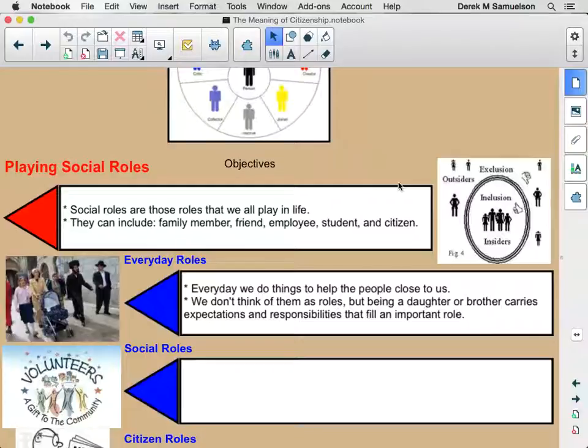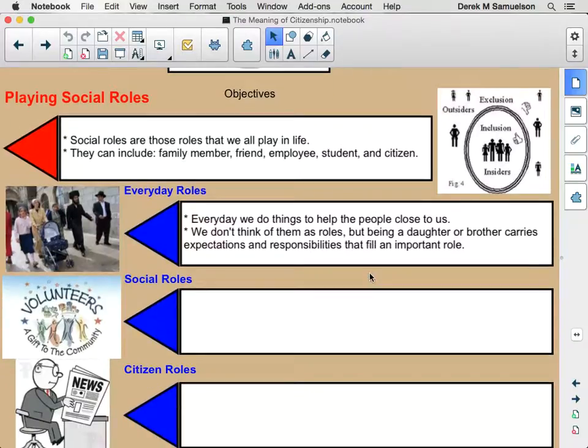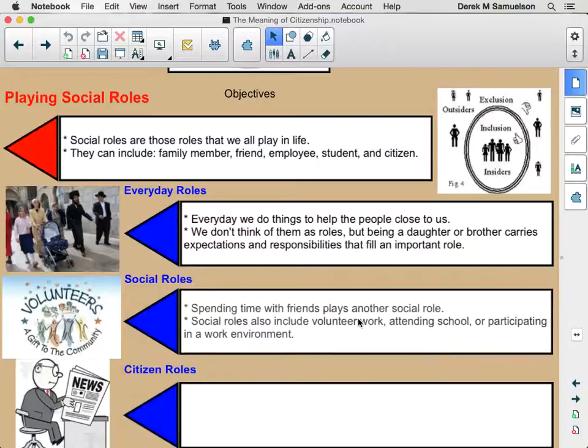Anytime you're taking care of a younger sibling, you are playing a role. Anytime you are helping clean your house, you are playing a role. And these are all parts of those family, everyday things that we do. They're expected of us. We have responsibilities to those other people, and we fulfill those responsibilities.